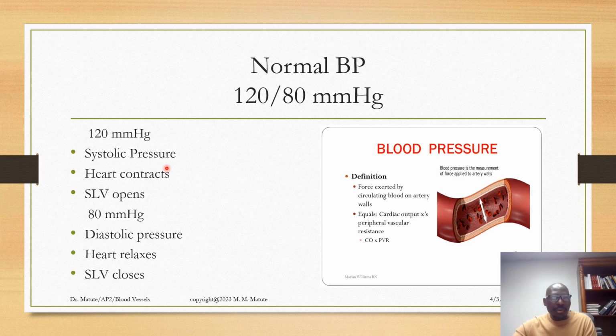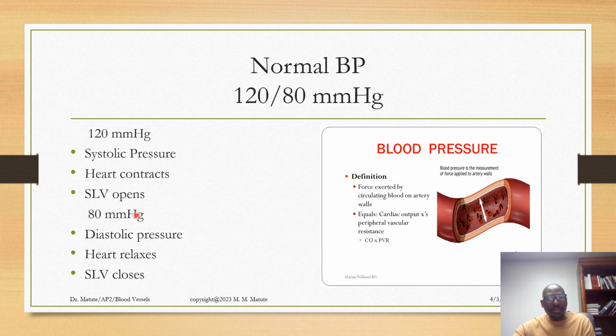So this is our normal blood pressure here. We have 120 millimeters of mercury systolic pressure. The heart contracts, and when the heart contracts, the SLV valves open.